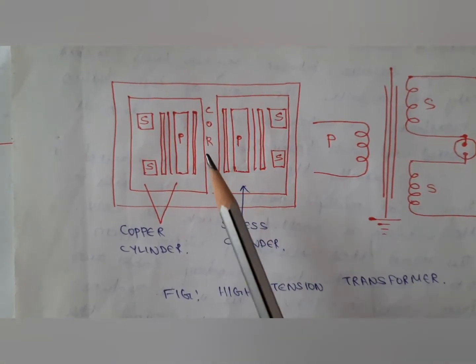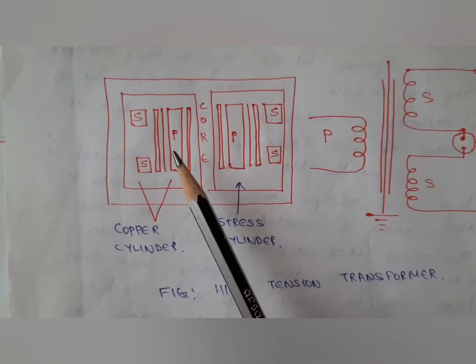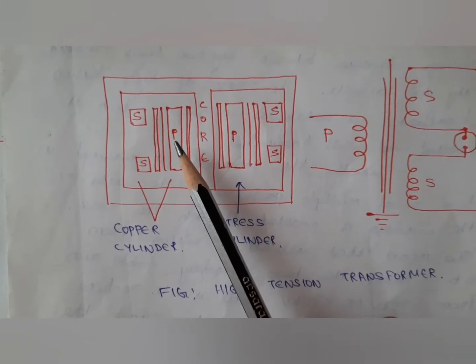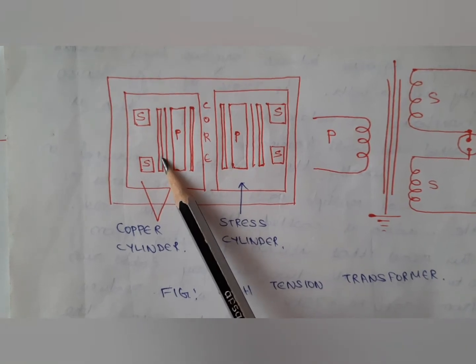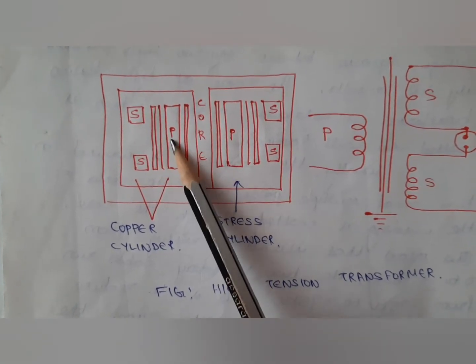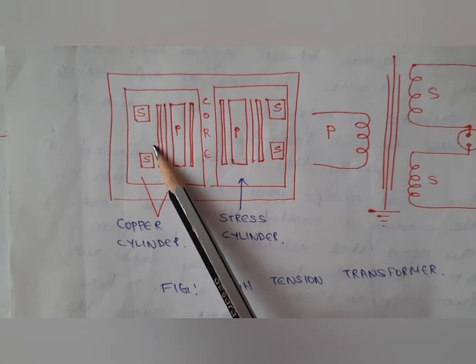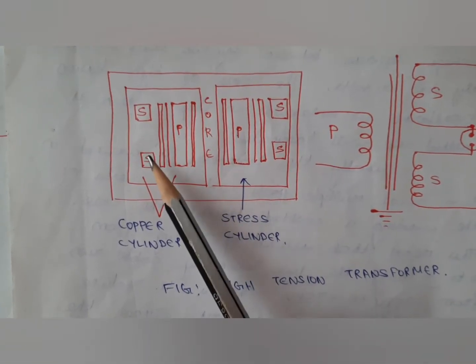Now the number of turns in the secondary. I said that this is a step-up transformer. That means the number of turns in the secondary coil will be more compared to the primary coil. The number of turns in the secondary coil will depend upon the voltage ratio.